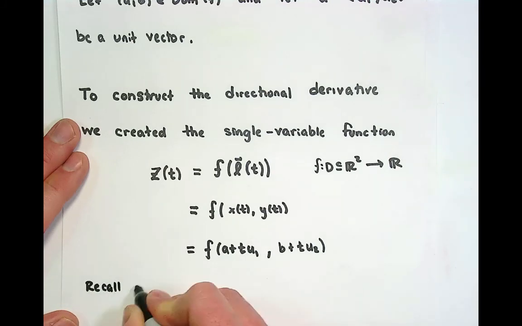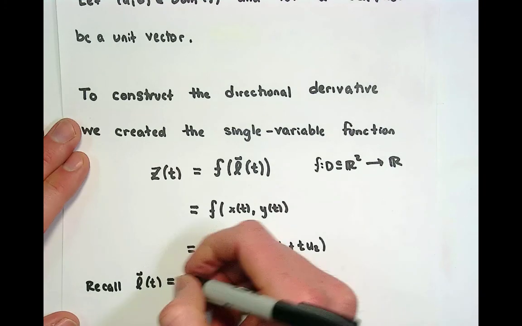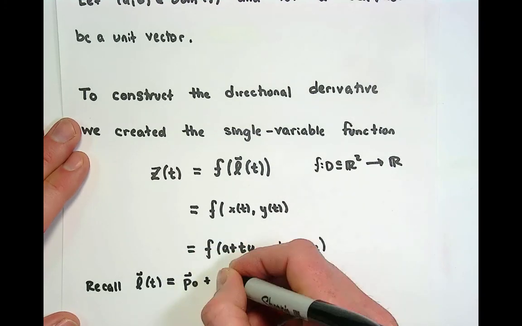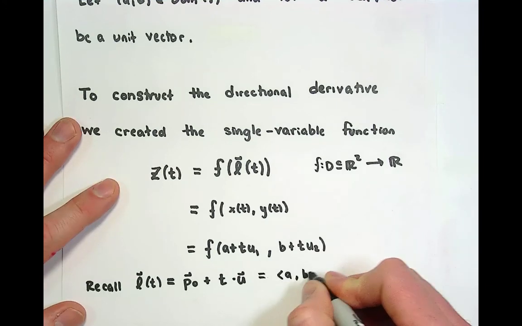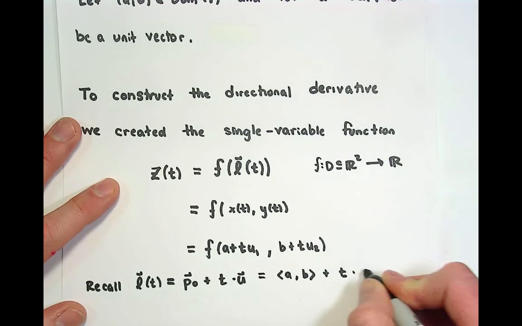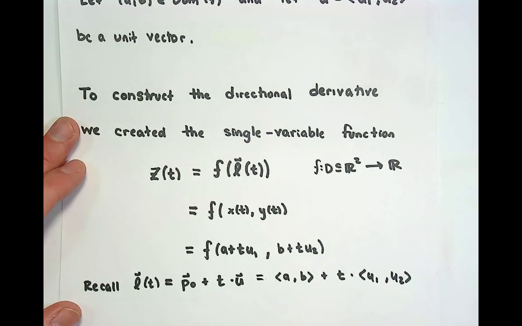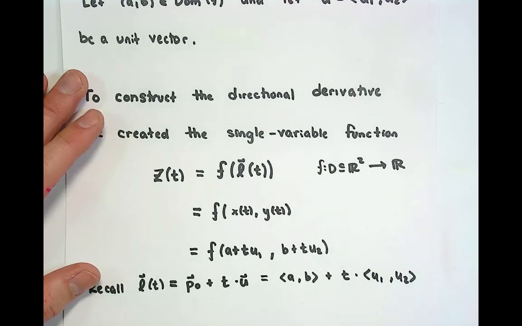Recall that L of t was a line in the domain space of f given by the equation p naught, which is a point, plus t times the direction u, which of course was a comma b, plus t times u1, u2. And again, u1, u2 represents a direction vector of length 1.